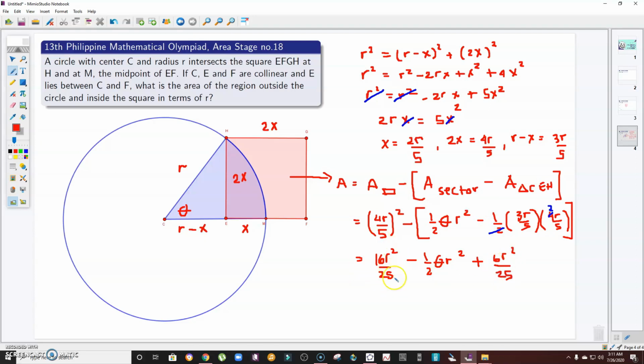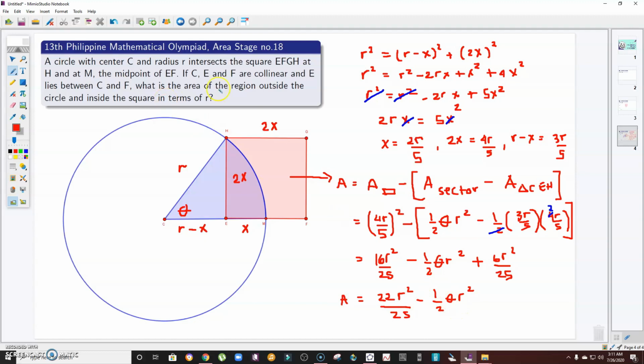We can combine the first and the third term: 16 plus 6 is 22r squared over 25, minus 1/2 theta r squared. So this is actually your area.